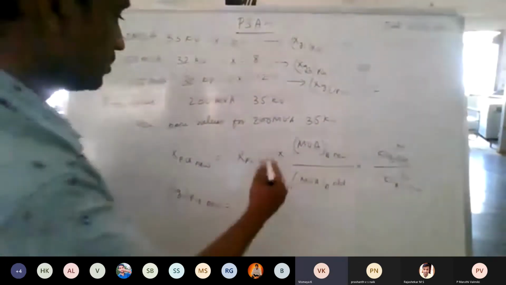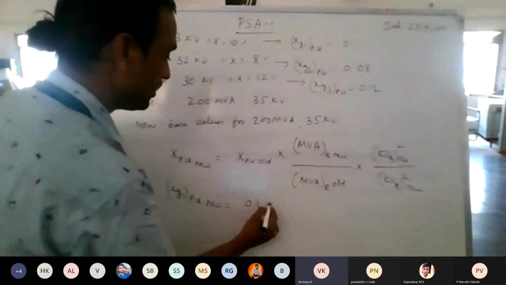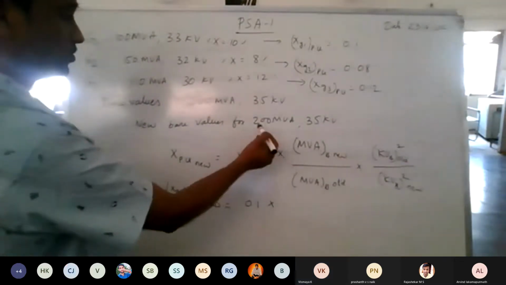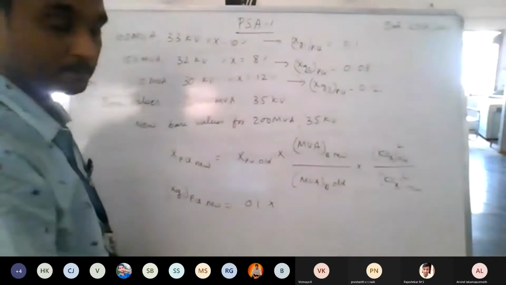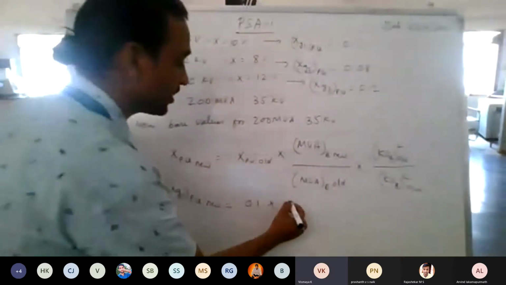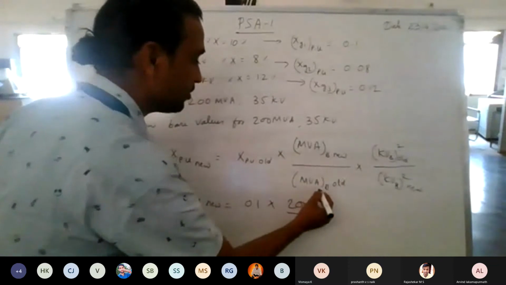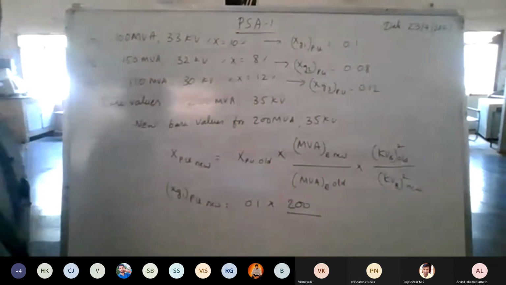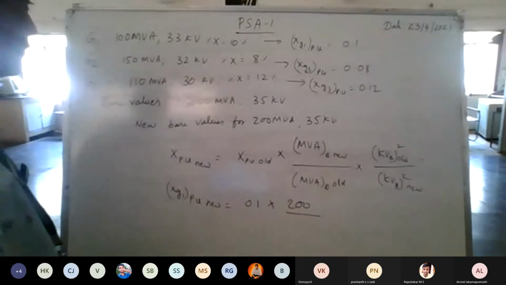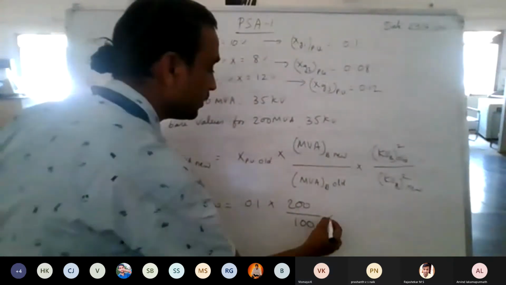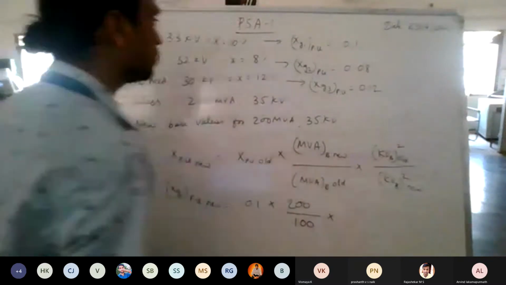What is X per unit old? It is 0.1, multiplied by MVA base new. What is MVA base new? The new base is 200 MVA. 200 divided by MVA base old for G1, which is 100 MVA, into kV base old.